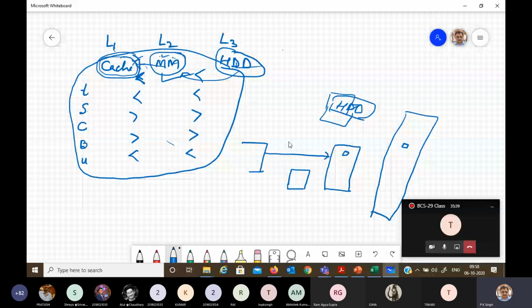So after generating the address of main memory, the processor has to wait for completion of the memory fetch. When the memory fetch completes, the data will appear in the memory buffer register, and then it can use the data.